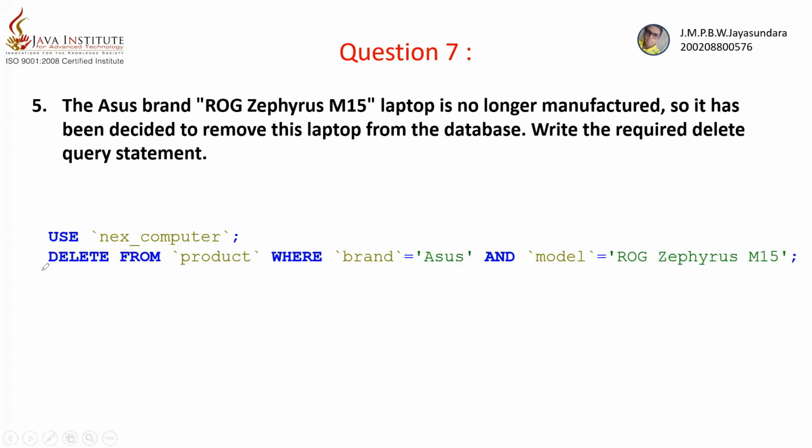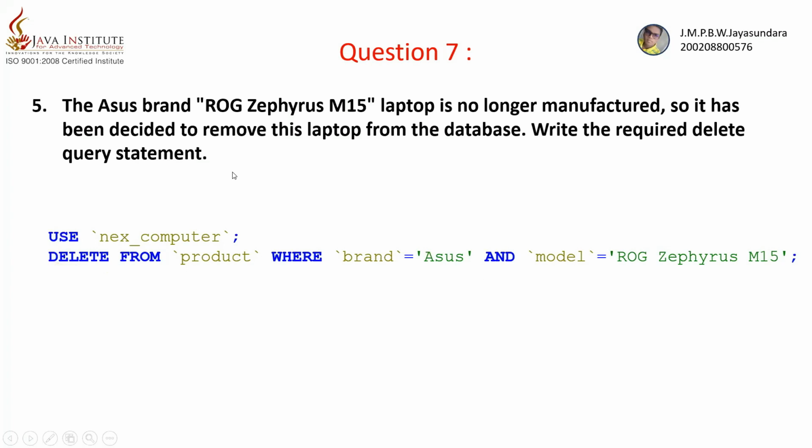When we create the delete query, first we need to use the delete keyword, and then using from we can define which table, and in this case it is the product table, and then we can use a condition in order to uniquely identify the row that we need to delete. And we have said brand value should be equal to Asus, and model column value should be equal to ROG Zephyrus M50. If both this condition and this condition are true, then this delete query will be executed.